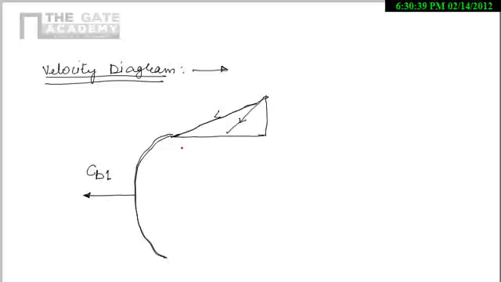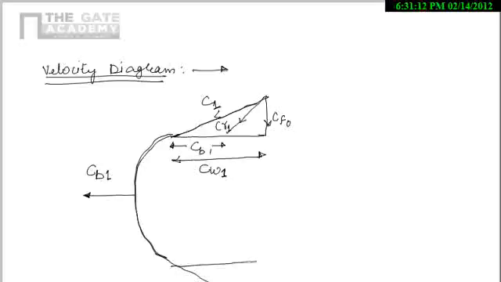I will first write whatever the things given, and then we will see the other things. So this one is Cw1, this one is C1 here, this one is Cr1, Cf0. So now that is at outlet.